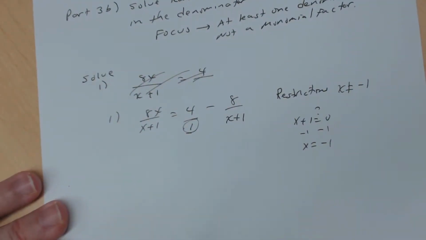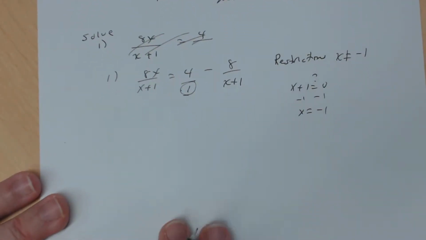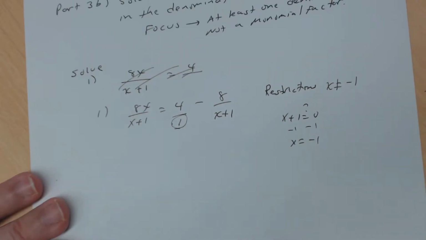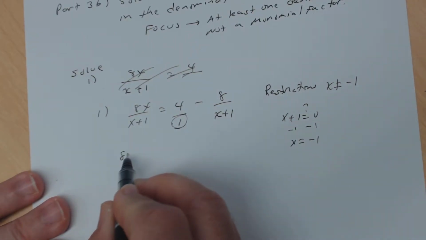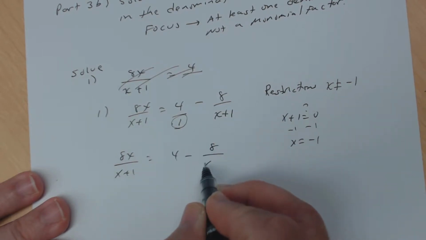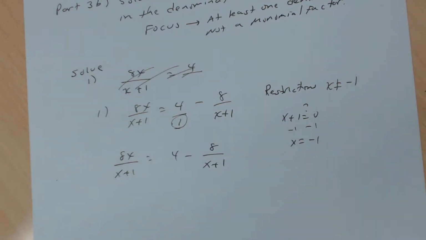So when you solve all of this and you get x to be a value, you always want to compare it to your restriction. Okay, so I'm going to go ahead and rewrite this over. 8x divided by x plus 1 equals 4 minus 8 divided by x plus 1. Just like the previous section, you want to find the LCD.